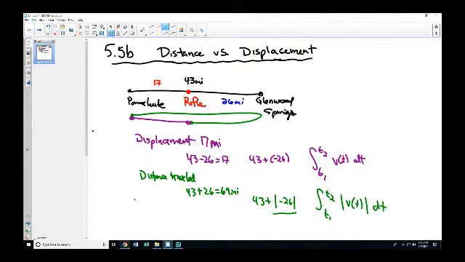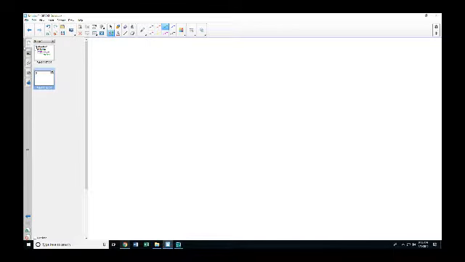Basically, what this amounts to is you have to figure out where the function's negative, and you split it into two different integrals. I'm going to show you one. So you would find zeros, figure out where a function's negative, all that stuff, using what we learned.